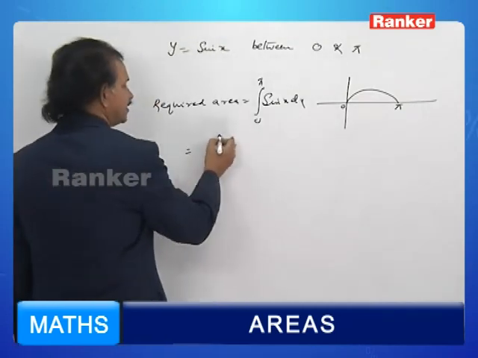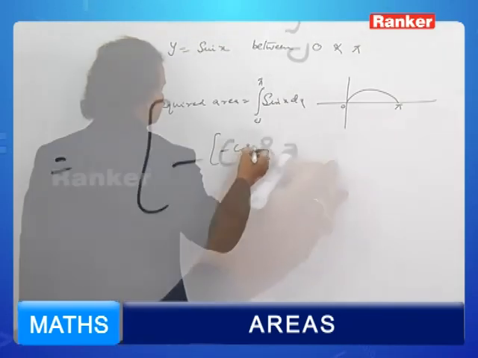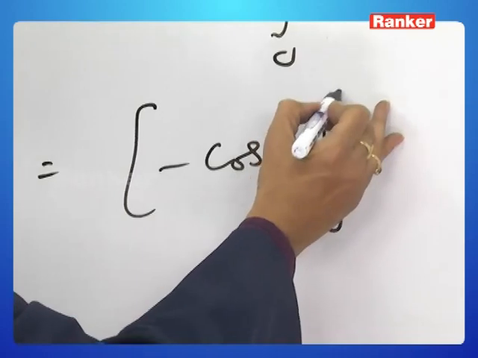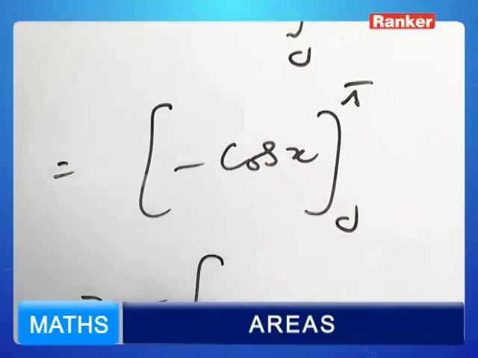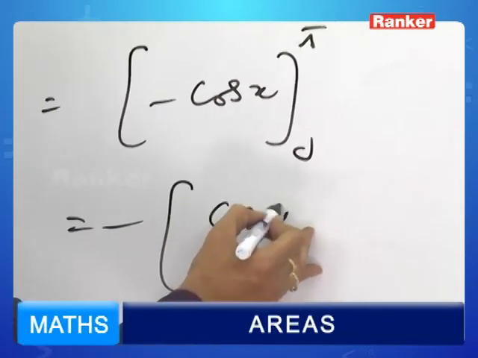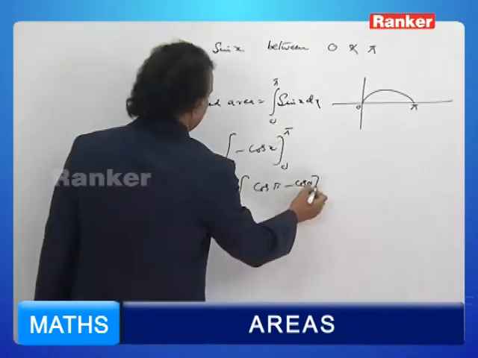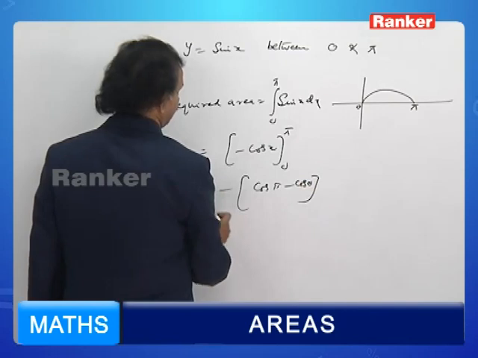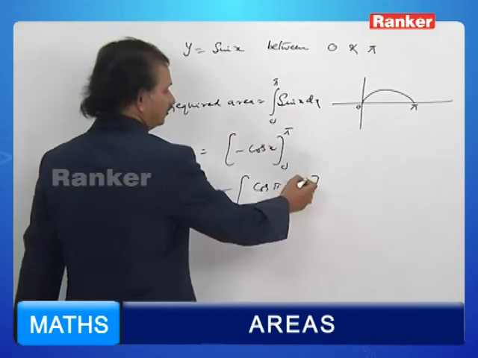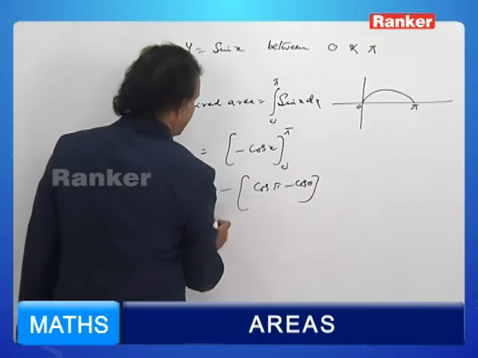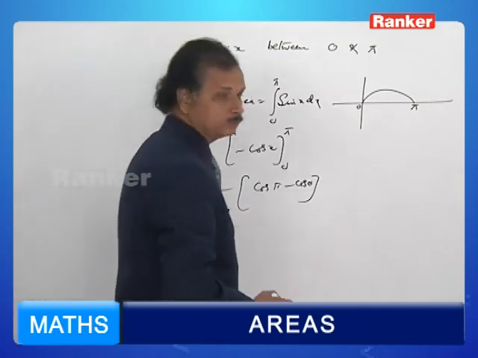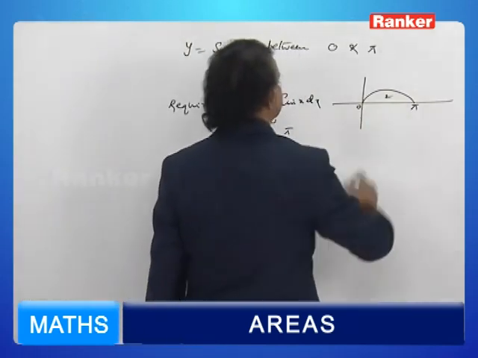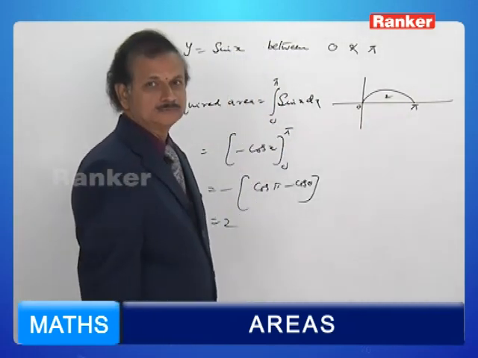What is the integral of sin x? Minus cos x between the limits 0 to pi: minus cos pi minus cos 0. Cos pi is minus 1, cos 0 is 1. Minus of minus 1 minus 1 is 2. Hence the answer is 2. Therefore, this area is 2.